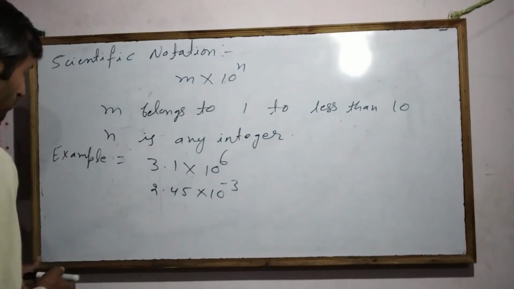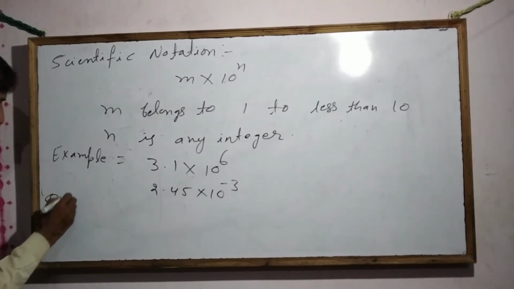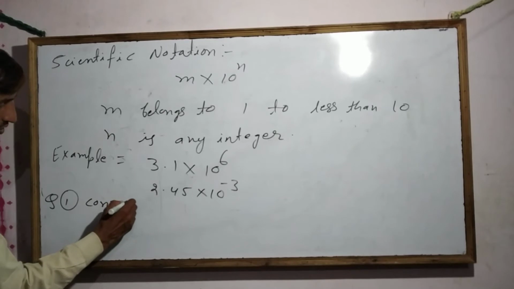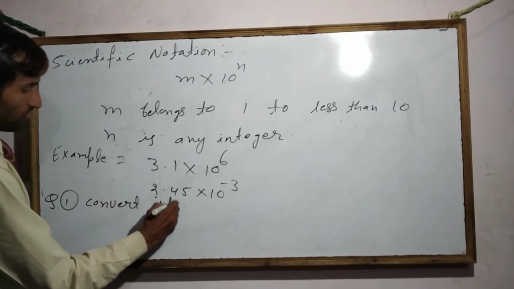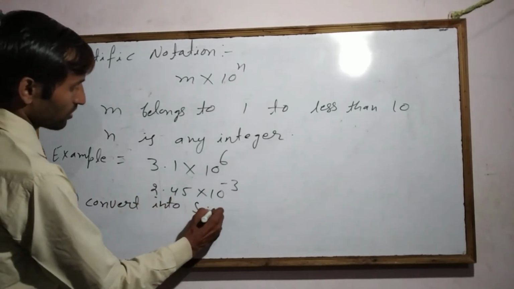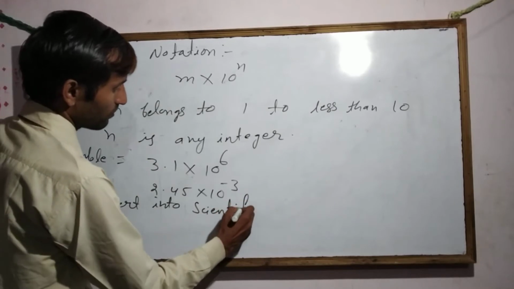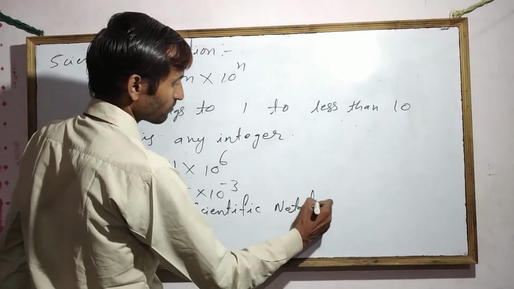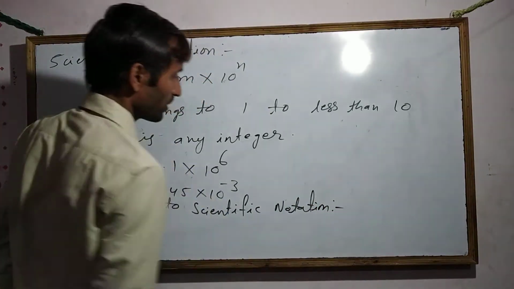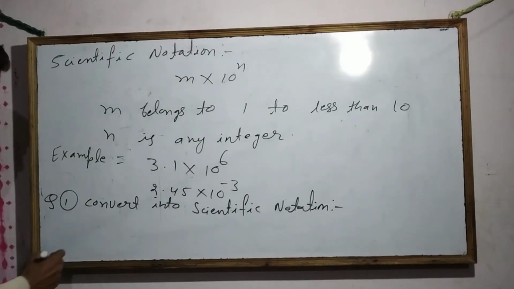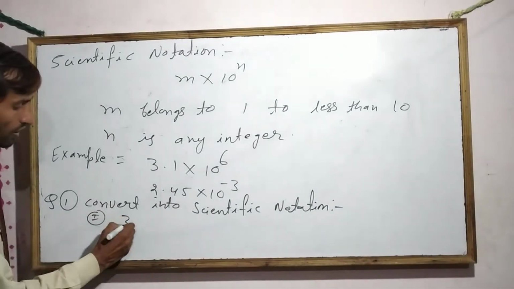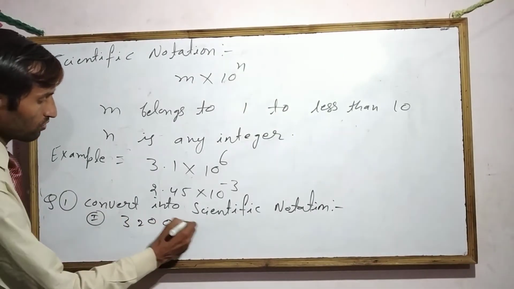So if the question is given, convert into scientific notation. First question is given: 3200000.